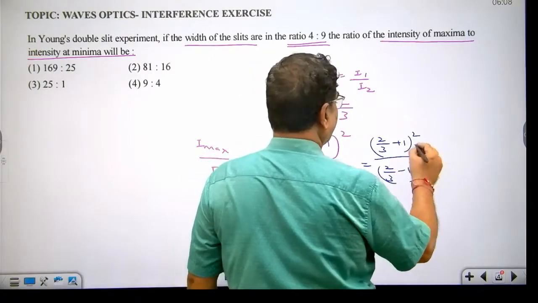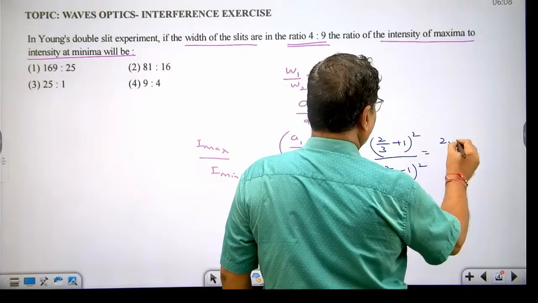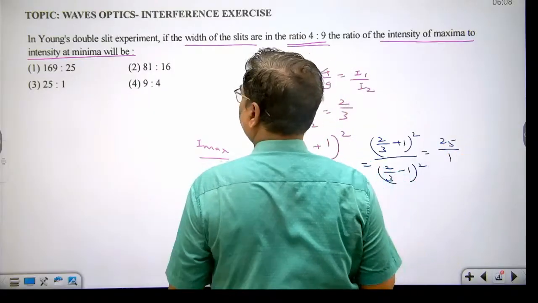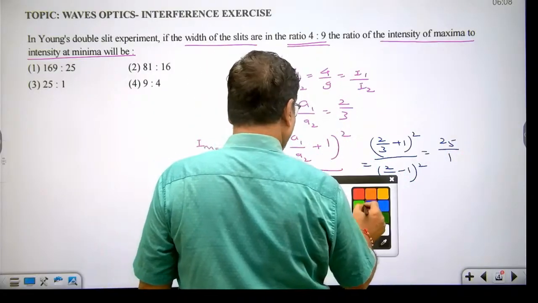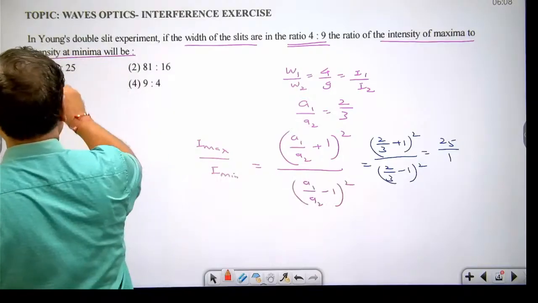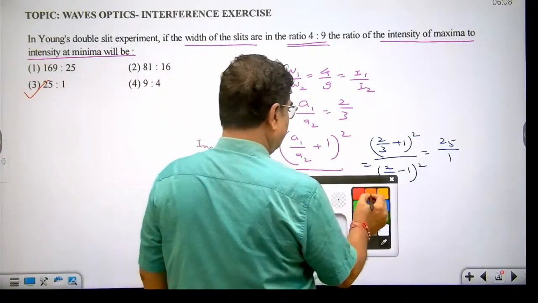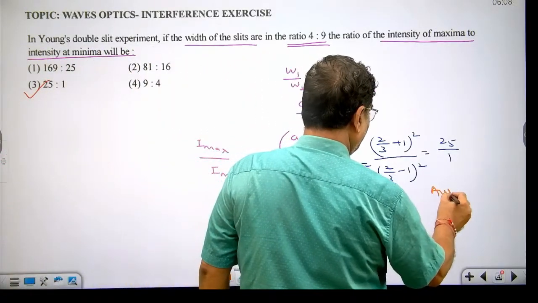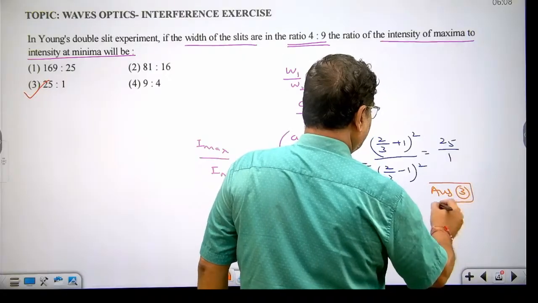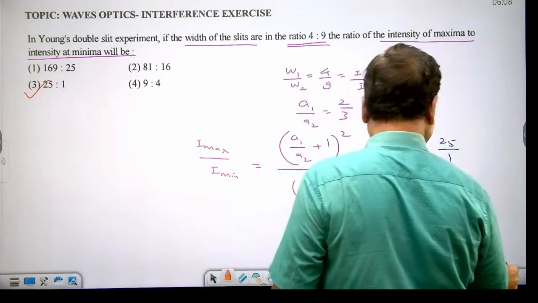After solving, this will be (2 plus 3), that is 5, so 25 upon 1. So out of 4 choices, the correct choice is option 3.